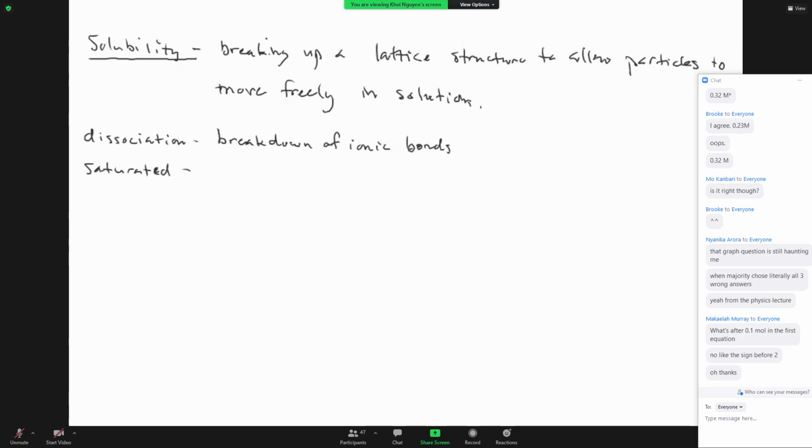Saturated means as much salt dissolved as possible at a given temperature.